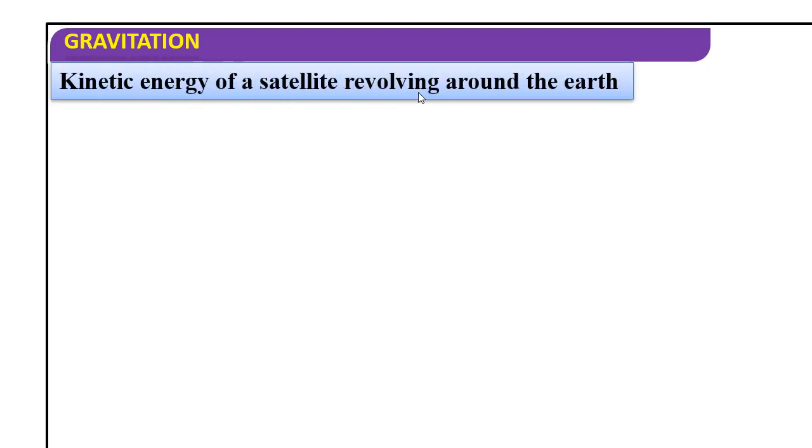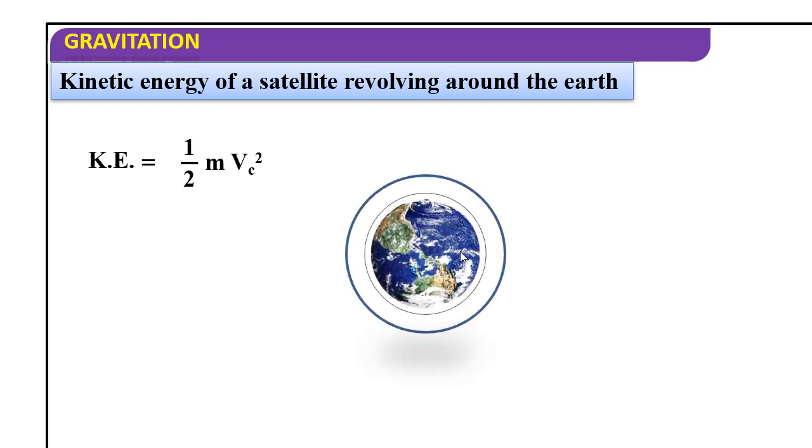you will get the kinetic energy of a satellite revolving around the earth, half mv square. Vc is the critical velocity of revolution around the earth.